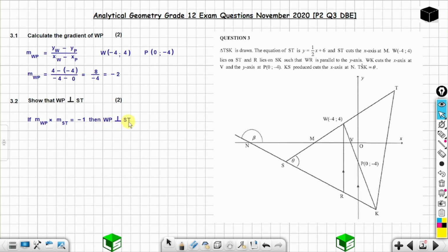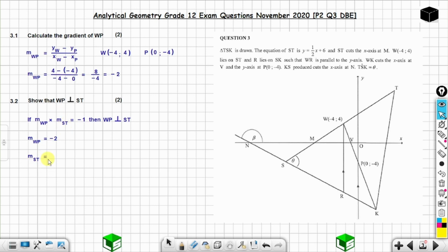So the gradient of the line WP, we calculated it. It's negative 2. Now the gradient of the line ST.